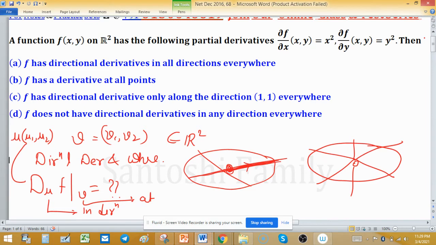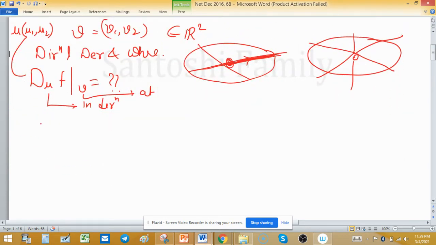The partial derivatives are given to us, which makes the computation of directional derivative easy because the partial derivatives are known. To find directional derivative of the function we need gradient f, which we know as fx is x square and fy is y square.